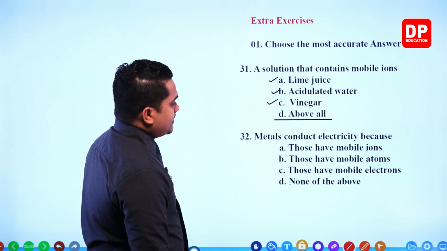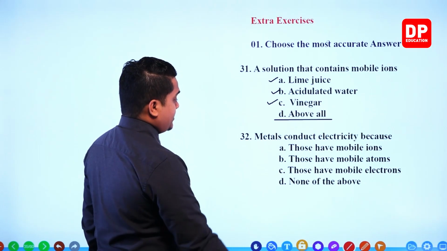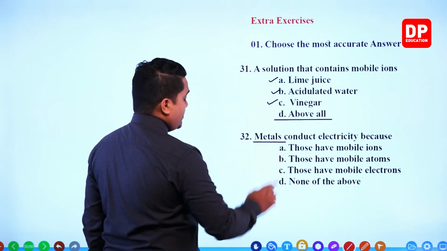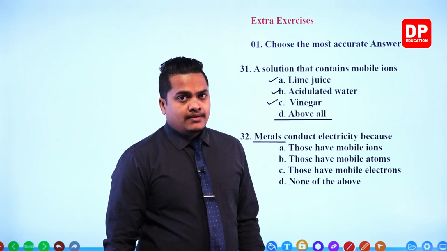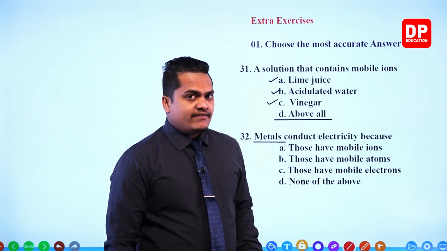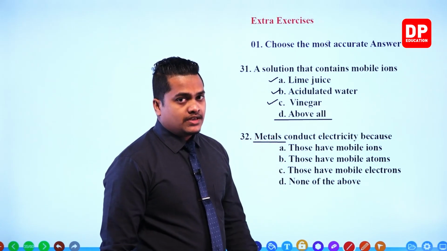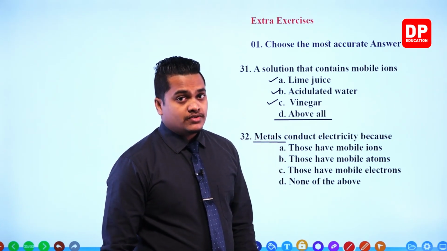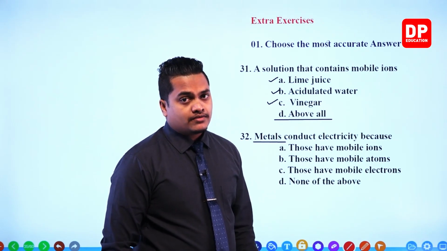Next one, metals conduct electricity because. Remember they are asking about metals. We know that electrolytes conduct electricity because they have mobile ions. Metals can conduct electricity because they have moving electrons, or these are called free moving electrons or mobile electrons.